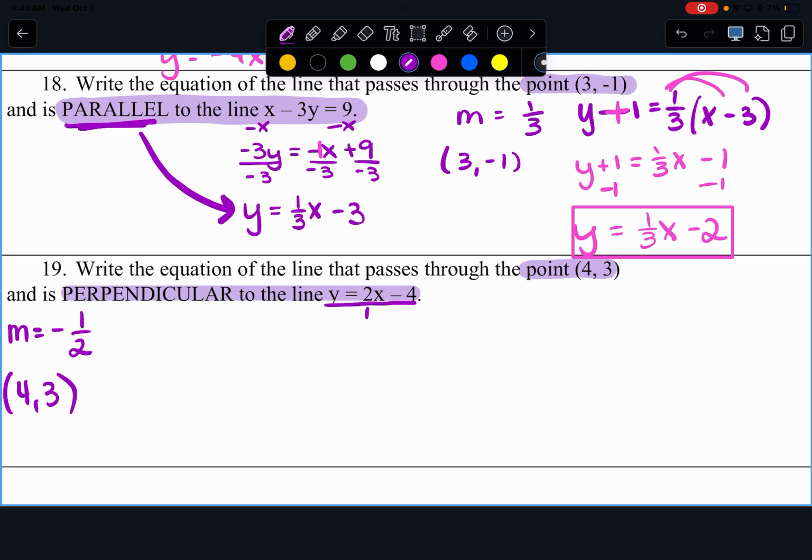Put that in slope-intercept form, or put it in point slope, then move it to slope-intercept.